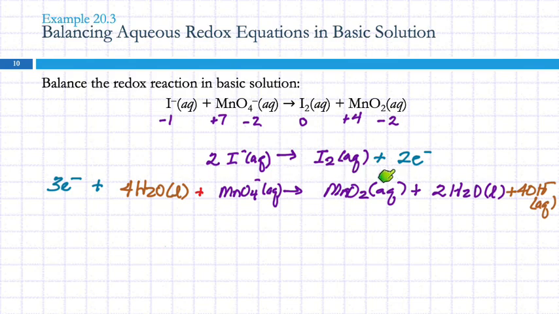So this half reaction has electrons being given off. This has electrons being used. And so I can multiply the individual half reactions by different numbers. So I'm going to multiply the top one by 3 and the bottom one by 2.